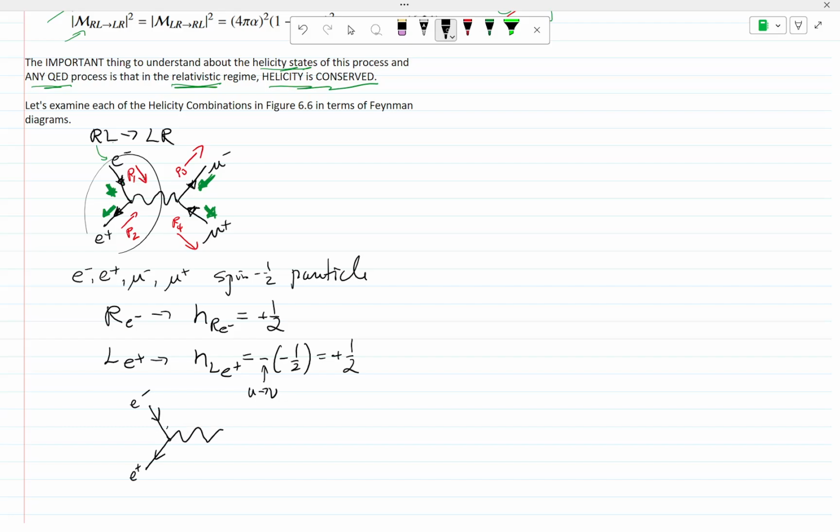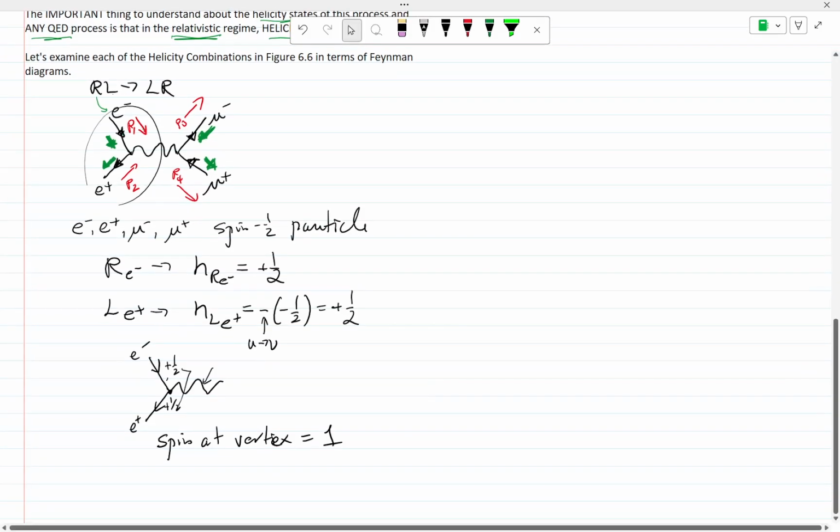So we have a spin helicity magnitude of 1/2 coming in, and another magnitude of 1/2 coming in. I'm not even trying to draw the direction here. This combines to a spin of 1. The spin at the vertex equals 1, so whatever comes out here also has to have a spin of 1.